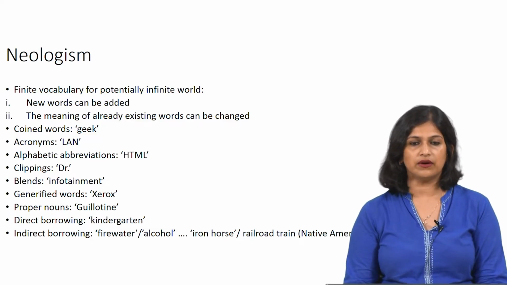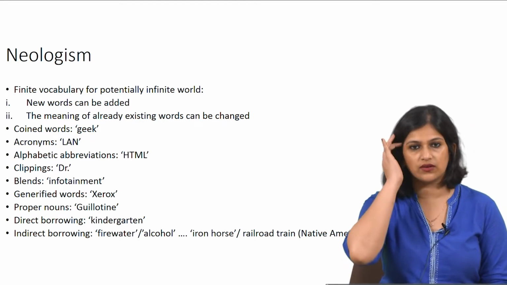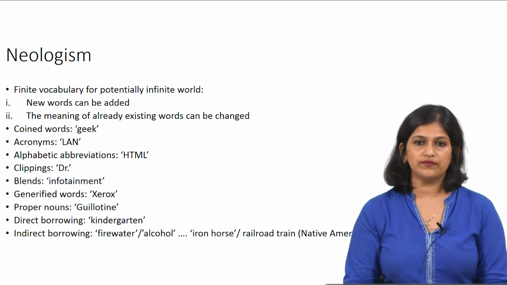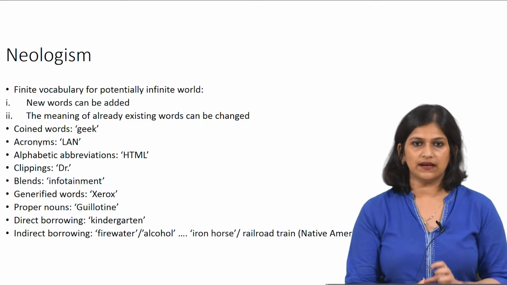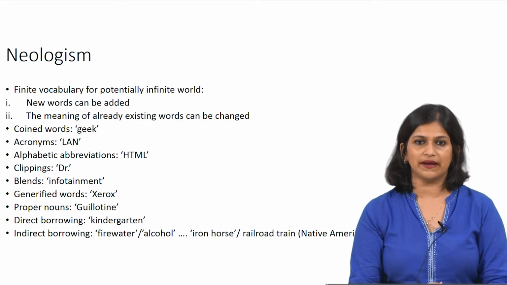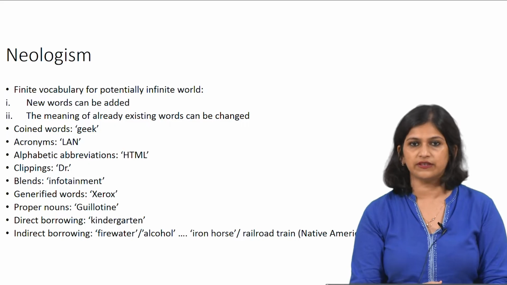Then there is direct borrowing, and then finally indirect borrowing. So, these are some of the ways. The list is not exhaustive. You might find more information if you explore the literature more. However, these are the most commonly found ways by which you can create new words. So, that is a part of neologism.